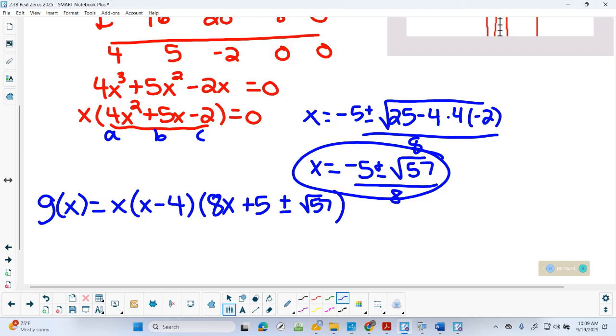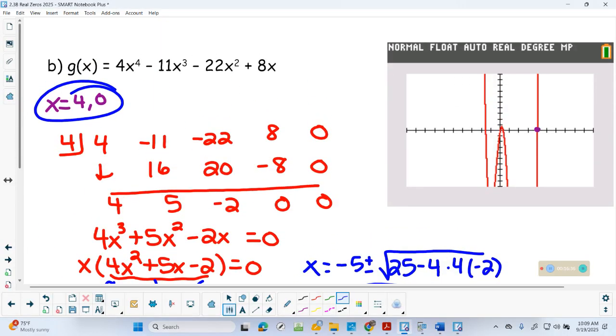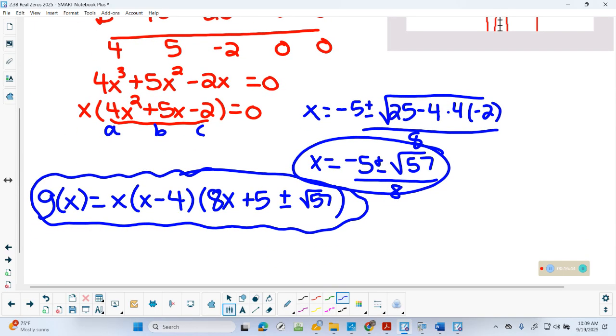Move that over, divide by 8, you'll get the original thing back. Thank God we don't have to FOIL all this out to verify that it actually works. That would be a nightmare, okay? So again, if I ask for zeros, like on the test, Peyton asked me, on the test, let's just be honest, I asked you for the factors and the zeros, so you do have to know how to write that mess of quadratic formula factors, okay?